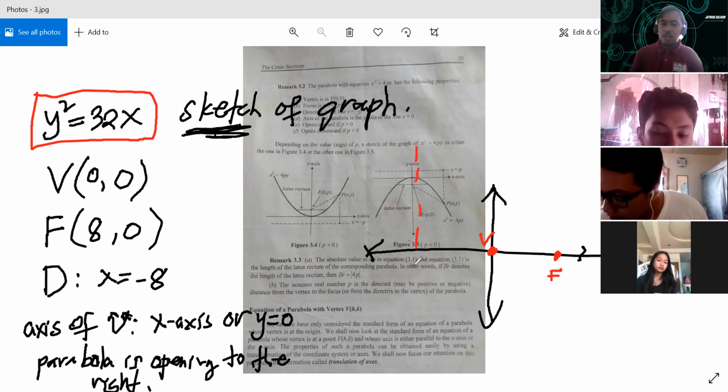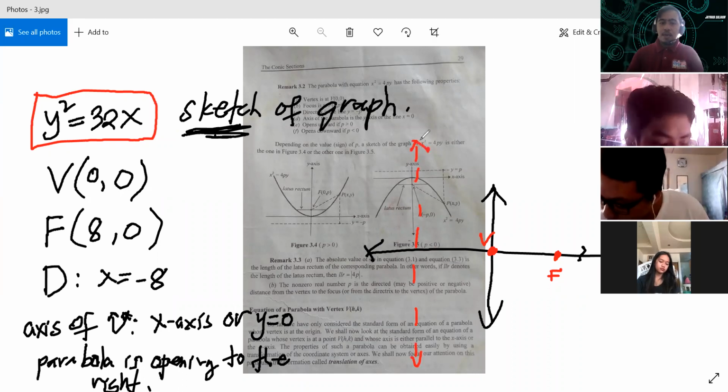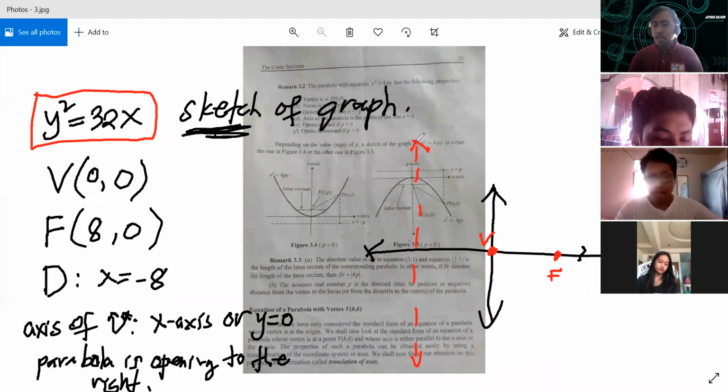By the way, I am using a broken line because this directrix is not included in the set of points that we are referring to in the parabola. It will be solid if that is included in your solution set.